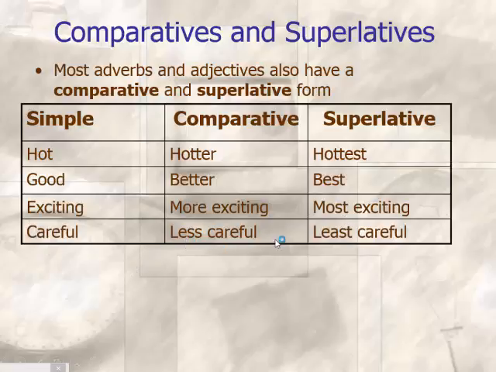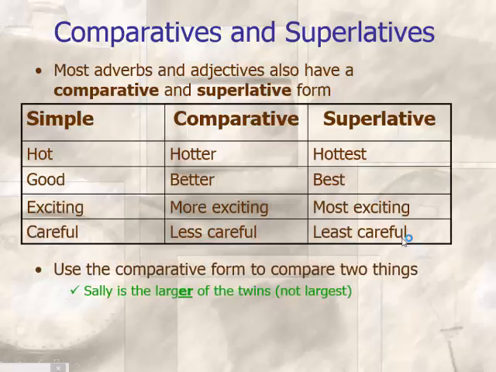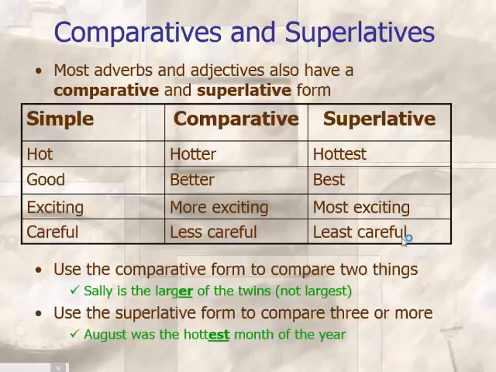Careful, less careful, least careful. Use the comparative form to compare two things, like Sally is the larger of the twins. Use the superlative form to compare three or more, like August was the hottest month of the year.